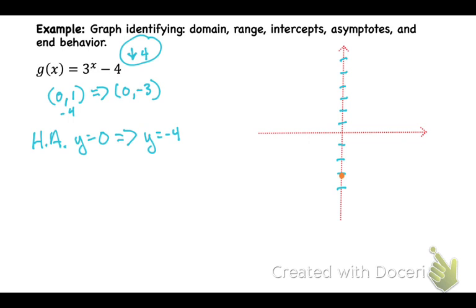So our new asymptote is y = -4. So now it's just going to go like this, isn't it?